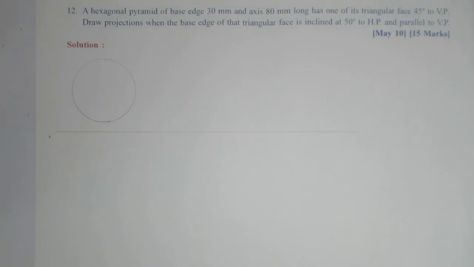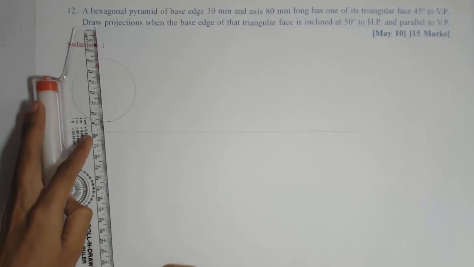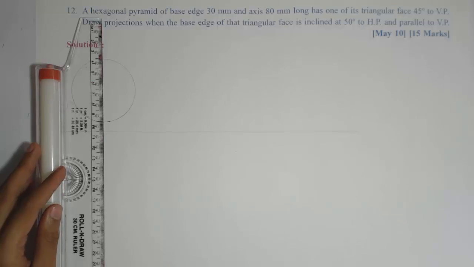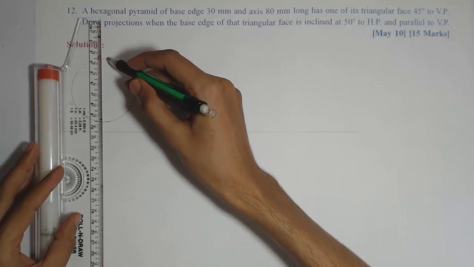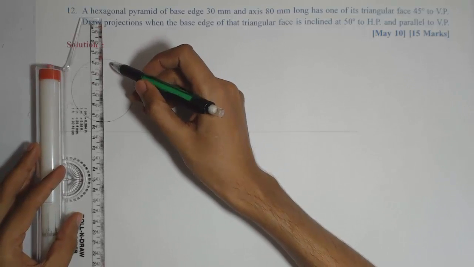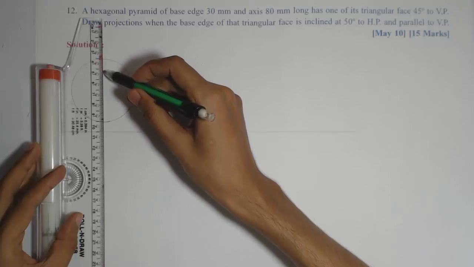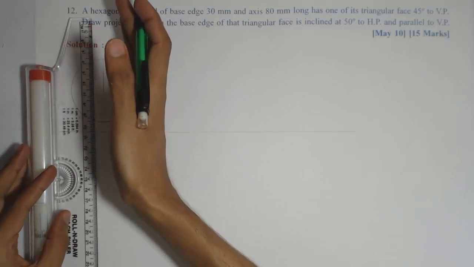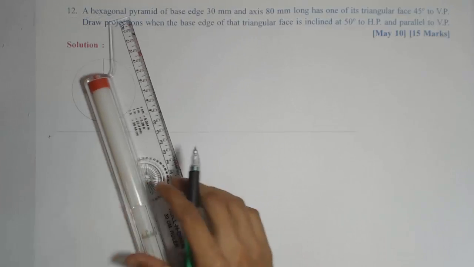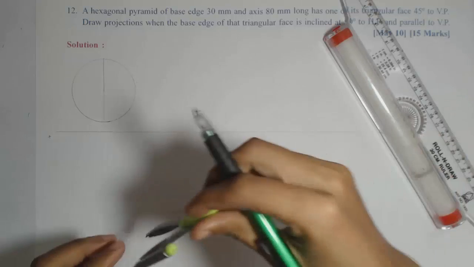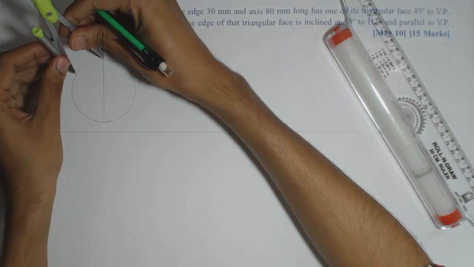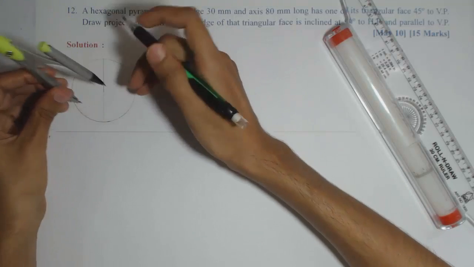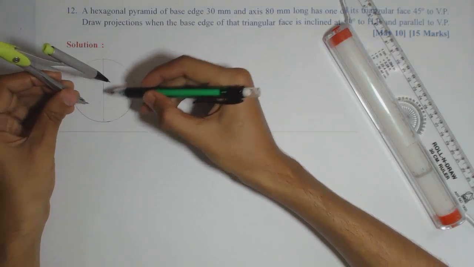for the hexagon, we can either divide with the vertical diameter or the horizontal diameter, but we want two edges of the hexagon to be perpendicular to XY, then only we can make that triangular surface inclined to the VP, because we want one of the base edges to be on the right hand side. So now we will mark the arc with respect to this vertical diameter, so that we will obviously get two edges perpendicular to XY.